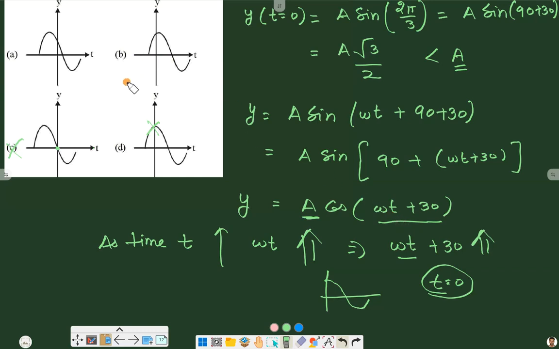And here in option B you can see that after t equal to 0, the amplitude is increasing slightly then decreasing, whereas in option A, the amplitude is decreasing. So only option A fits our statement, but option B does not fit it. So option A is the right answer.